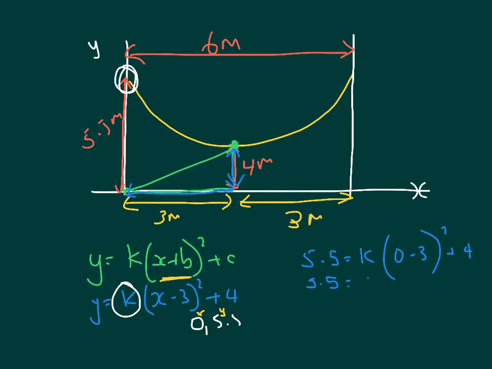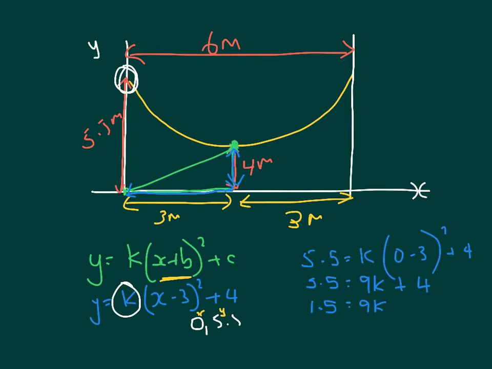So we've got 9k plus 4. You can see how I got that. Then we move the 4 across to the other side, so we subtract 4 and end up with 1.5 equals 9k.